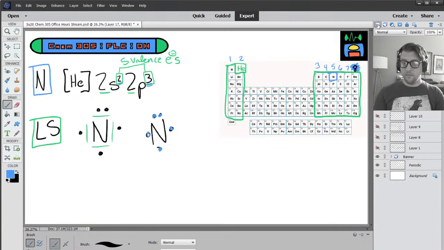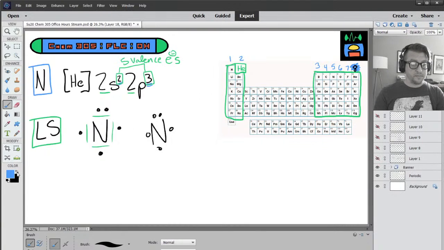All right. We can grab any element out of the main group. So let's do a weird one. Let's do astatine. You probably didn't even know that At was named astatine. But all you have to do is look at the column it falls in. It's in the 7th column.